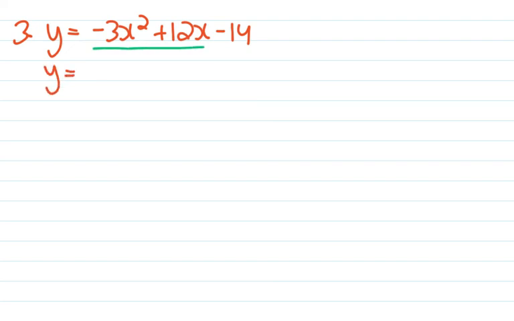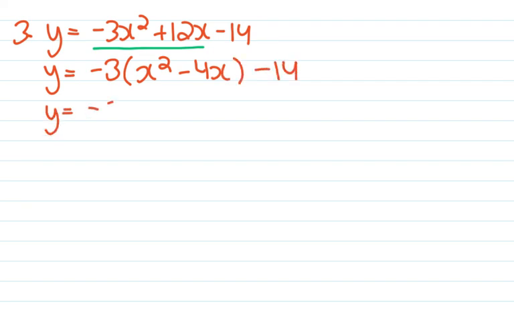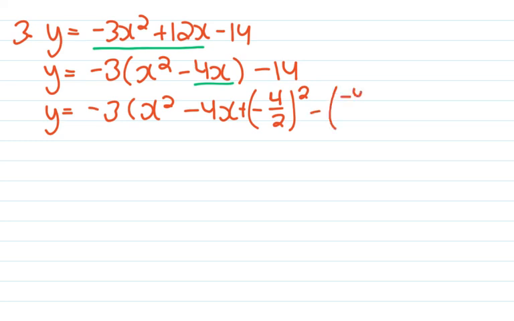Y equals negative 3 bracket x squared, 12 divided by negative 3 is negative 4x, bracket, minus 14. Now I'm going to look at the b value, which is negative 4, and do negative 4 divided by 2. Sorry, we add that. (Negative 4 divided by 2) squared minus (negative 4 divided by 2) squared, end bracket, minus 14.